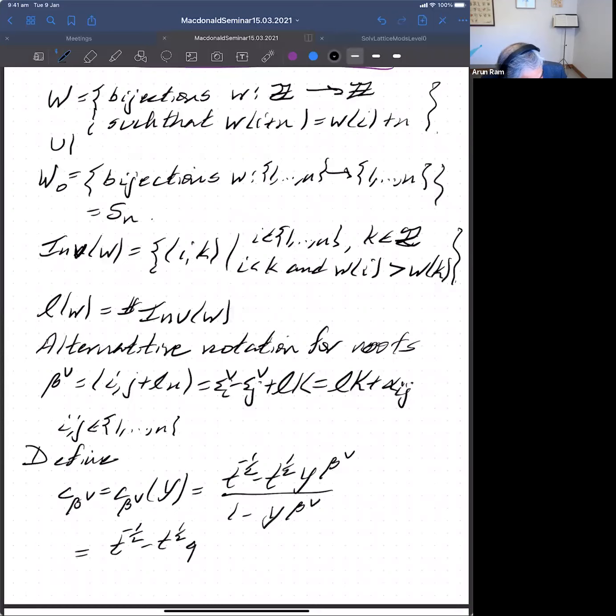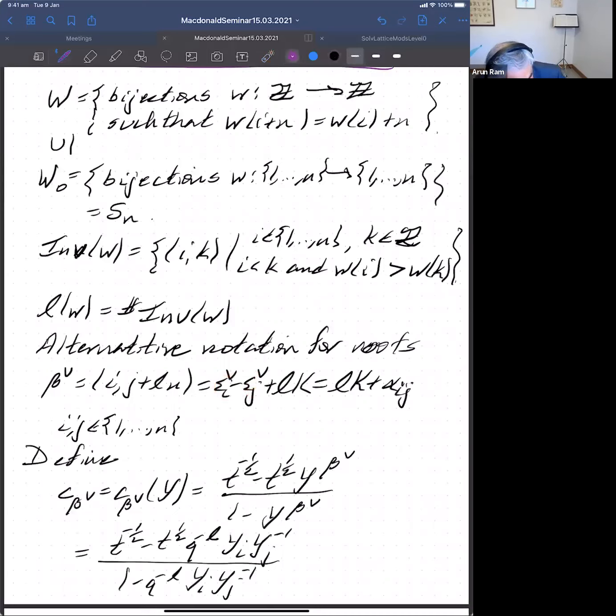This is q to the minus L, thinking of my beta check as being of this form, so there's an L here, q to the minus L, and then yi, yj inverse, which come from this epsilon i minus epsilon j, divided by 1 minus q to the minus L yi yj inverse.